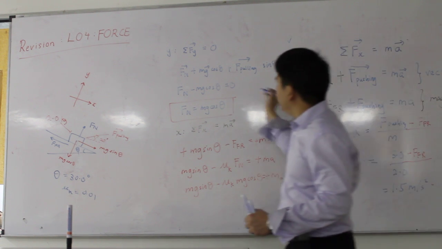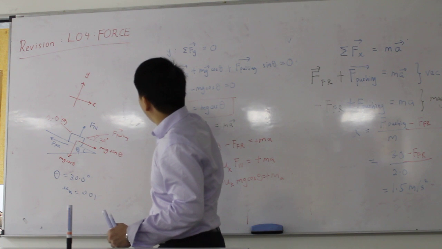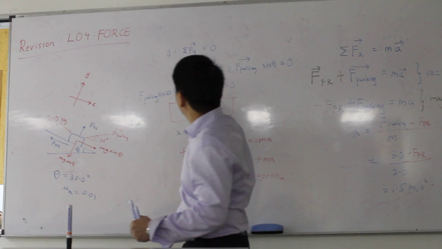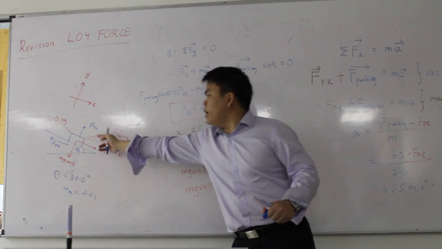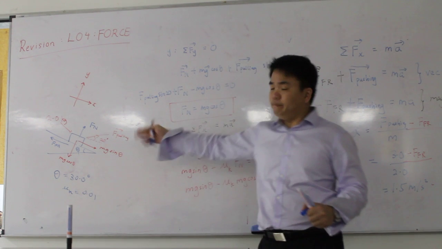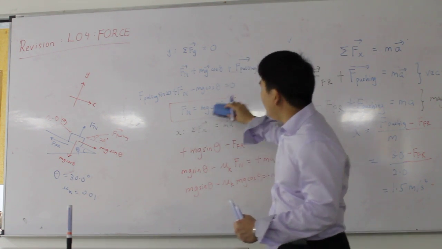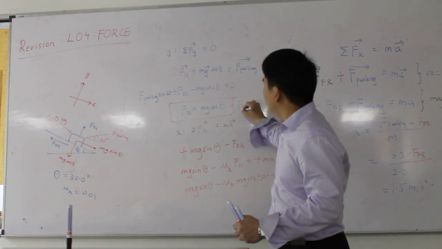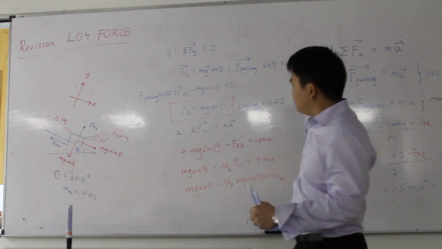And then we can put F pulling in terms of magnitude, sine 20 degrees, plus Fn minus mg equals 0. Why? The y component of the F pulling is upward, so we consider it positive. As a result, Fn is mg cos theta minus F pulling sine 20 in this case.